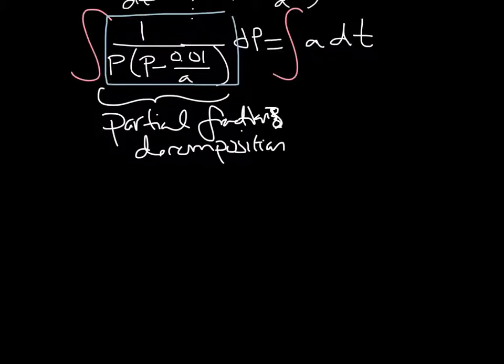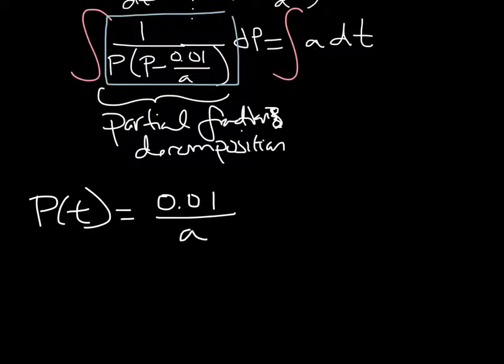So we're going to end up with this model, and it's going to be 0.01 over A times 1 over 1 minus, again, that's C, e to the delta t. And so again, the question is, when is P 1000?